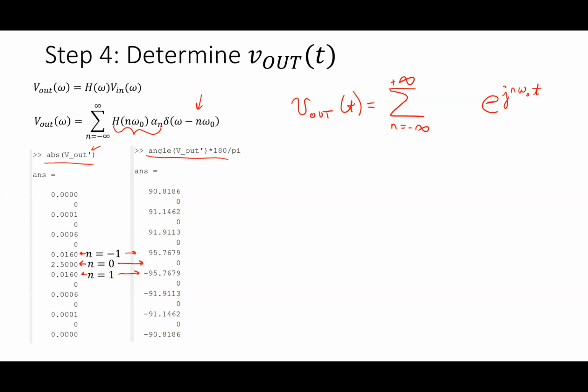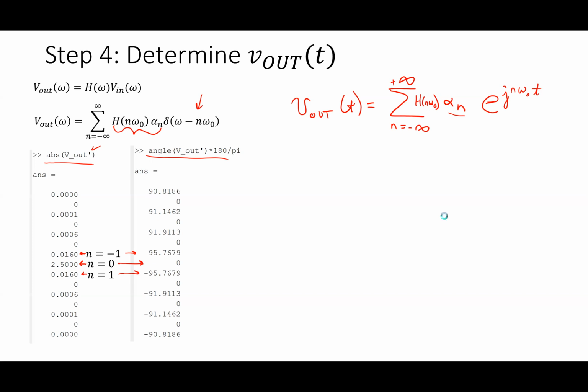If the Fourier series coefficients of the input were alpha n, the coefficients of the output are H of n omega naught times alpha n. So the output has the Fourier series coefficients of the input times the magnitude of H at those frequencies.